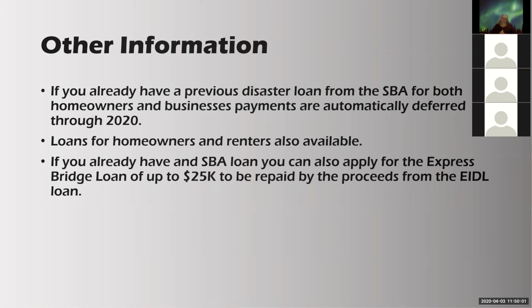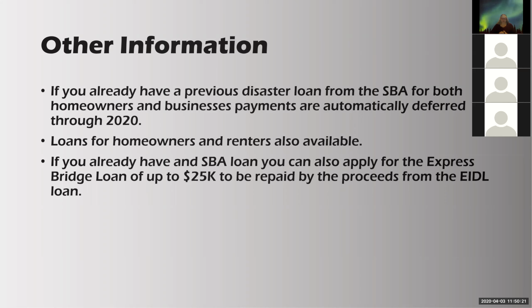And if you already have an SBA loan, then you can also apply for what's called an express bridge loan. The express bridge loan can be up to $25K, and you can repay it from the proceeds from the economic injury loan.